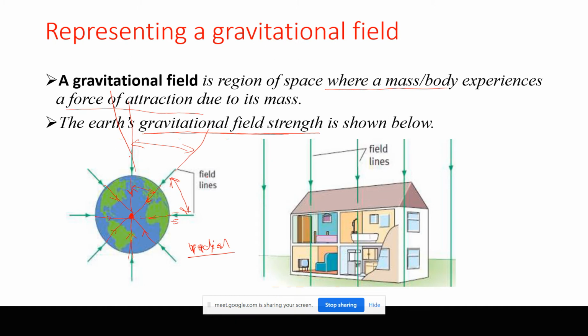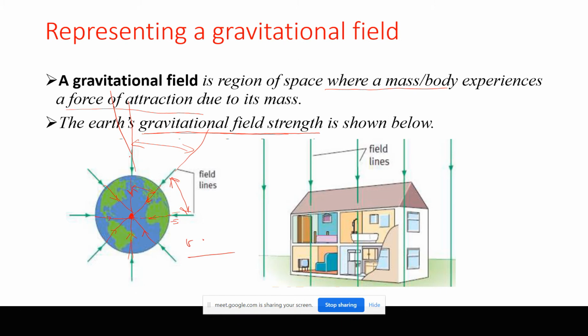Because the Earth appears to attract all objects towards its center, the field lines appear as if they terminate towards the center of the Earth. That's why we are calling that radial. Some people may not have seen the word radial in their lifetime, so I have to write it very clearly.